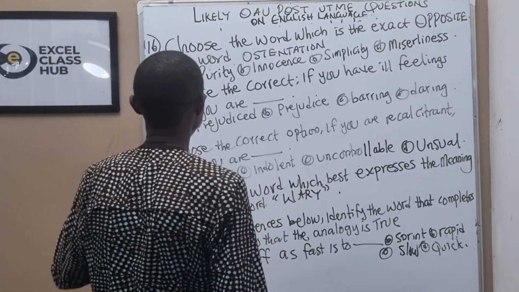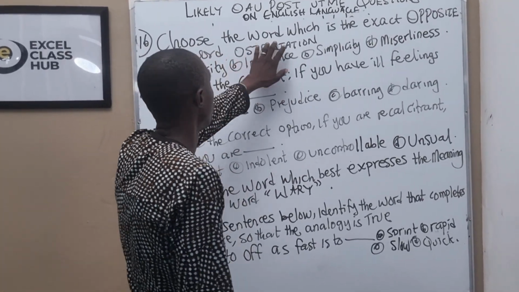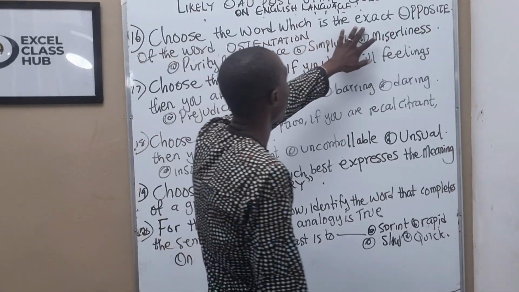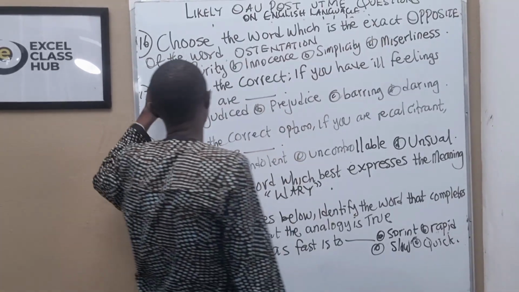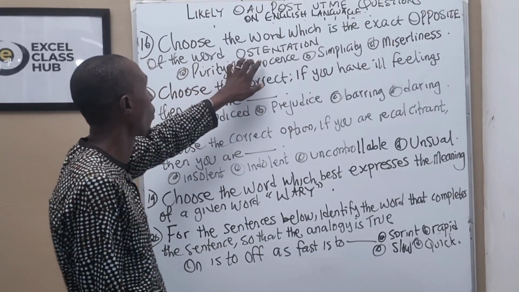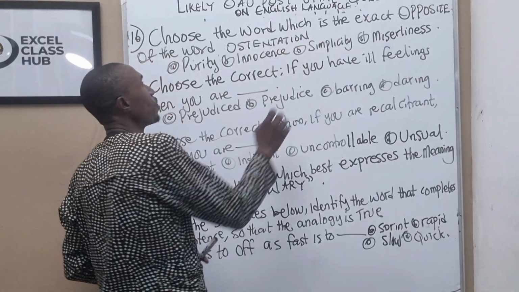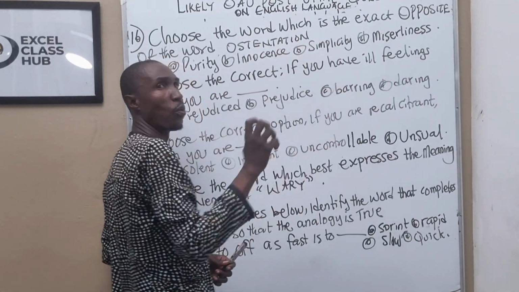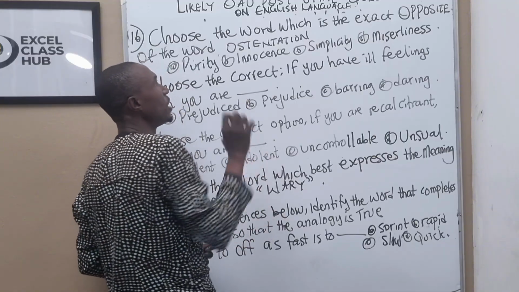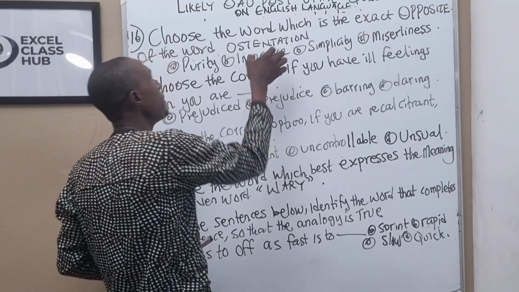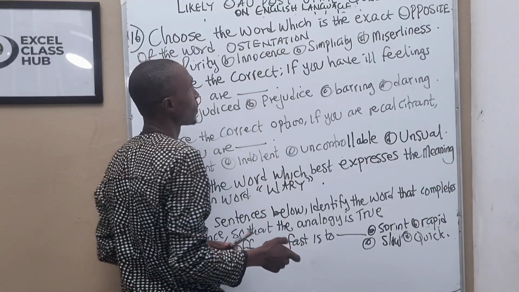Question 16 says, choose the word which is the exact opposite of the word ostentation. Now, before you pick the opposite of a word, the first thing you need to do is to know the meaning of the word.